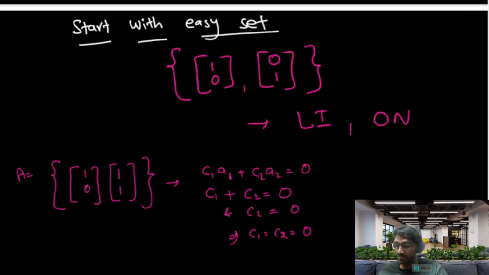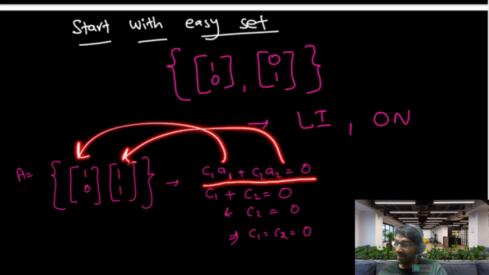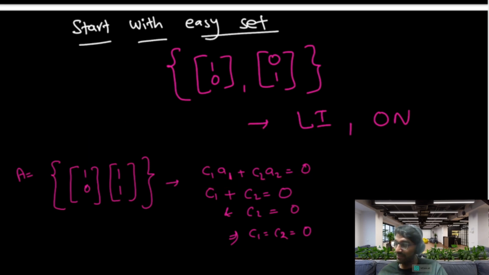Again we do C1 A1 plus C2 A2 equal to 0, where A1 and A2 are these vectors, and we get C1 plus C2 equal to 0 and C2 equal to 0. So C1 equals C2 equals 0. This means the coefficients are 0 whenever the linear combination is 0, so the set A is linearly independent.